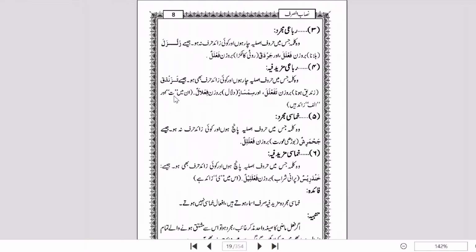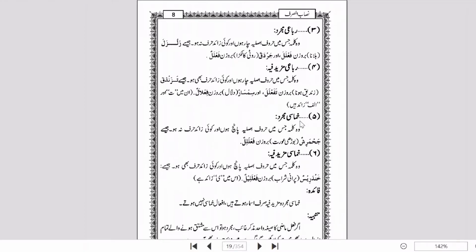The Ta in Tazandaqa is additional, because as you can see on the scale Fa'lala, the Ta is additional, Fa, Ain, Lam, Lam is original. And the Alif in Simsarun, which is on the scale Fi'lalun, is additional, whereas Sin, Mim, Sin, Ra are original Huruf Asliya.